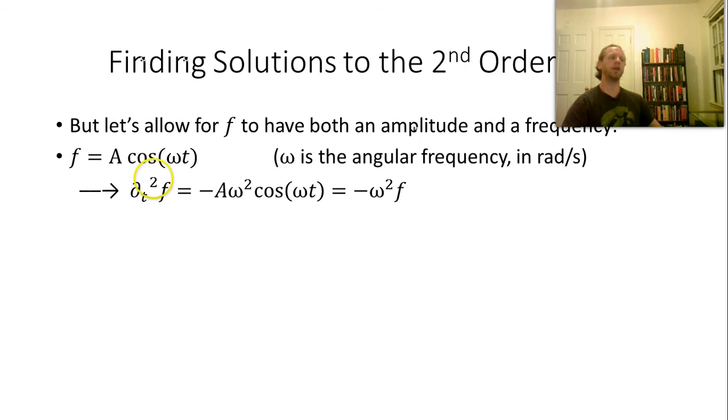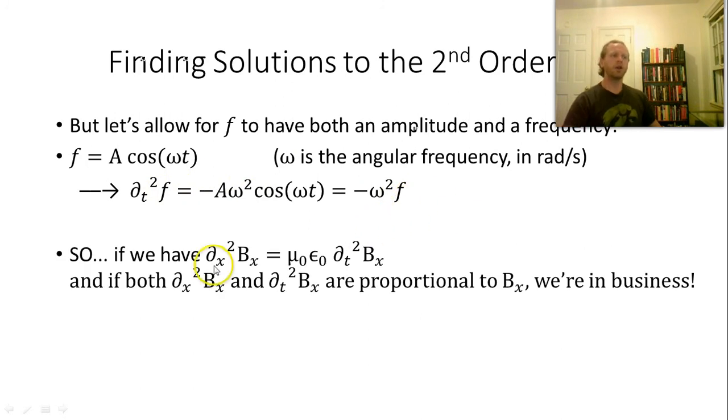So anyway, we take the second derivative of this with respect to time. We get out negative omega squared times that original function. So make sure you understand that. This has the property that we're looking for: the second derivative of the function is proportional to the function itself.